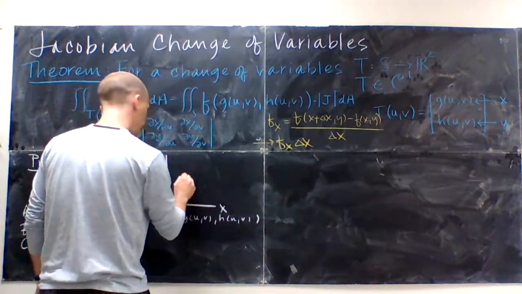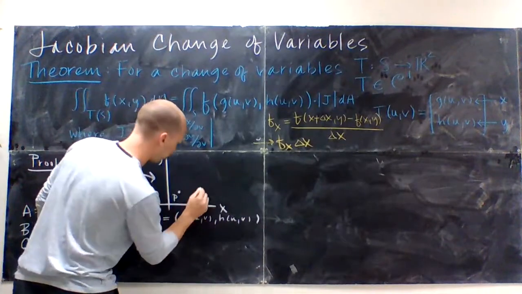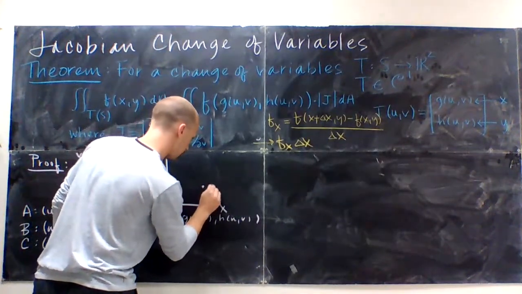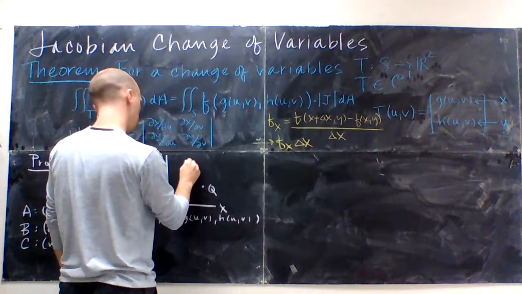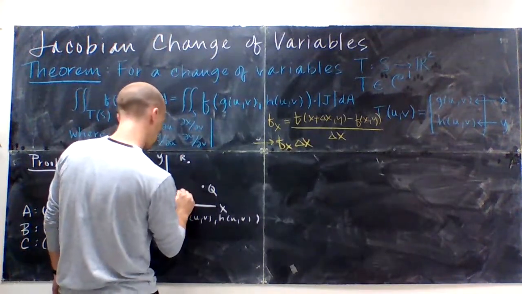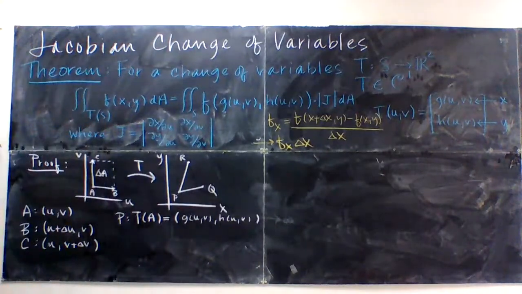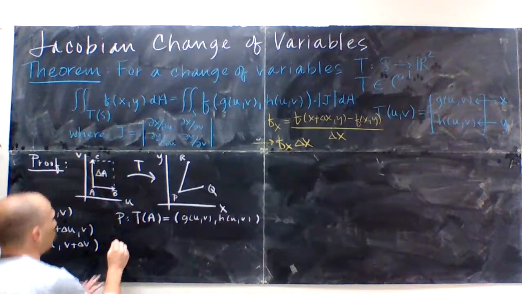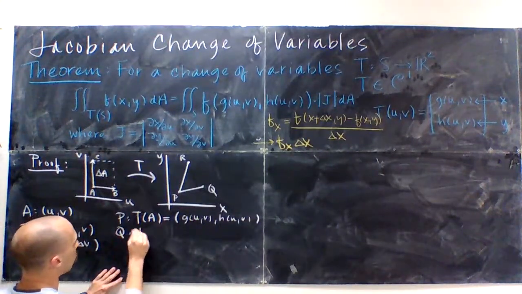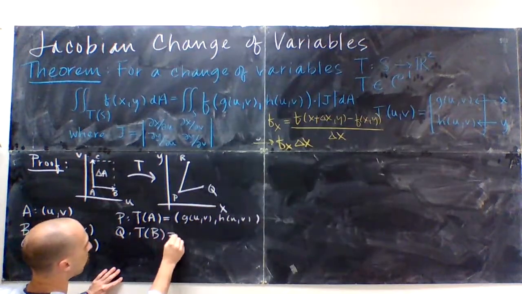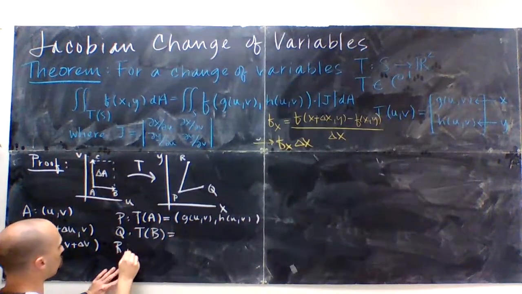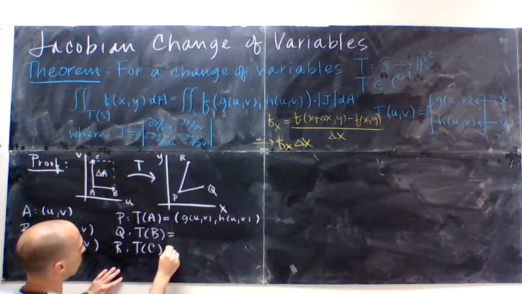So maybe I've got that, and I call that Q, and I call this R, where Q is T of B and R is T of C.